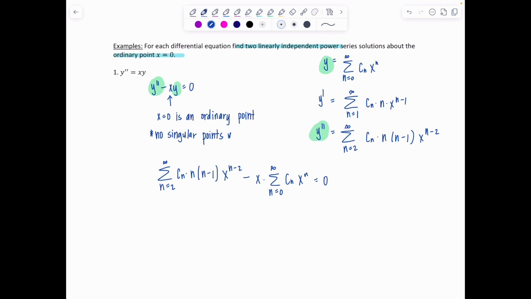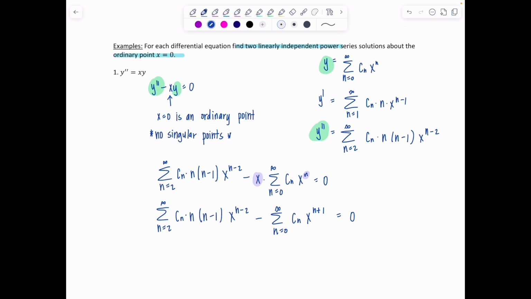Okay, very good. I'm going to simplify, bring this x inside. So we're going to have here, let's just leave this alone for now, n equals 2 to infinity, c sub n times n minus 1, x to the n minus 2, minus the sum, n equals 0 to infinity, c sub n x to the n plus 1 equals 0.